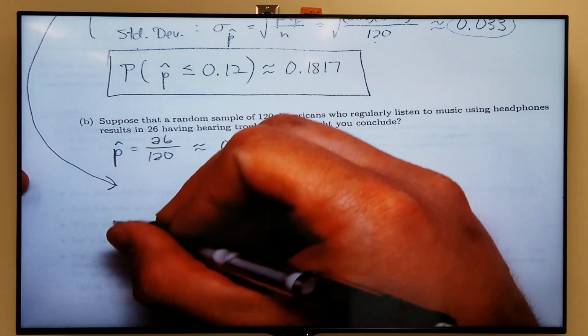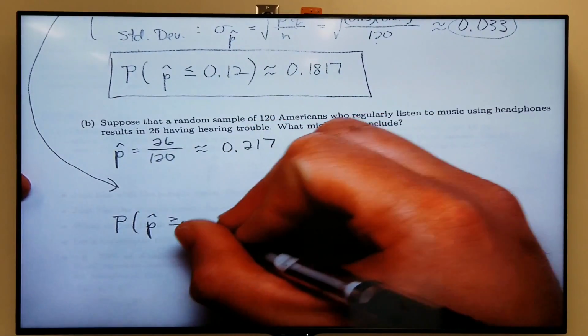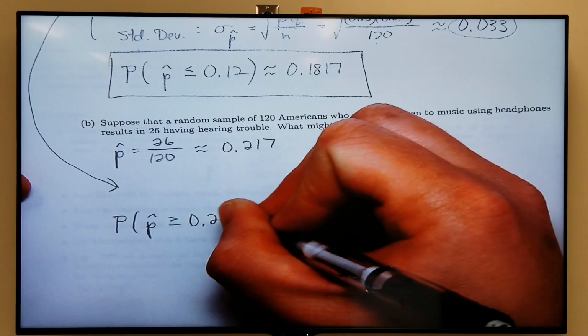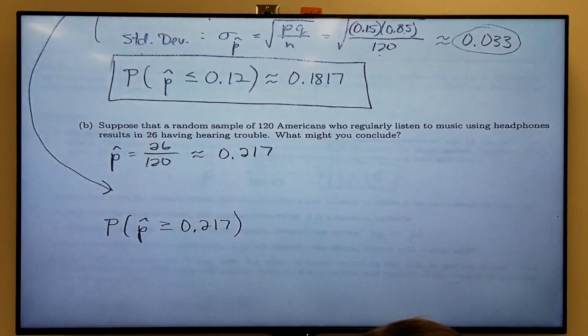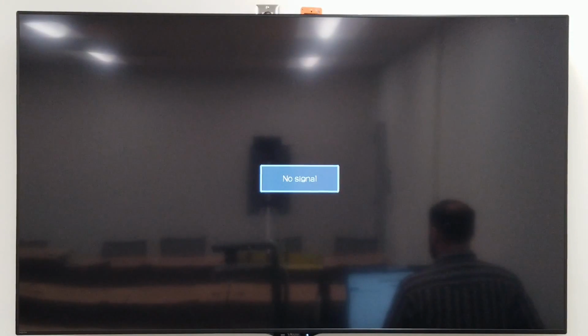But this time, we're going to look at the probability that p hat would be greater than or equal to 0.217. We want to see if this is a strange thing to have happened. So let's take a look. Okay, so I'm using the same normal calculator as before.